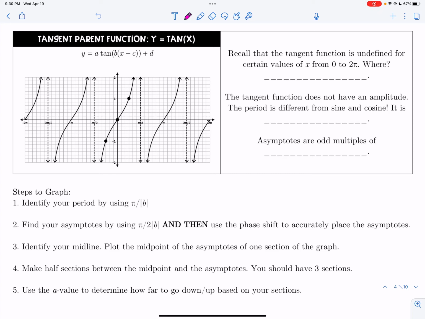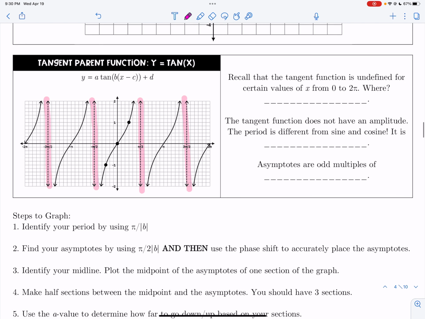All right, in this video, I'm going to talk about how to graph tangent functions. You'll see that tangent functions are going to be fairly new to you guys. And you can see automatically that we have asymptotes going on, which makes sense because remember that in the coordinate plane for tangent, it's essentially the same thing as y over x.